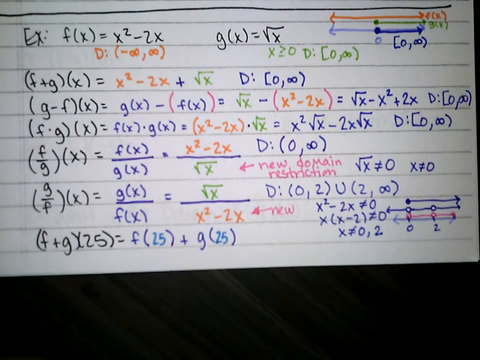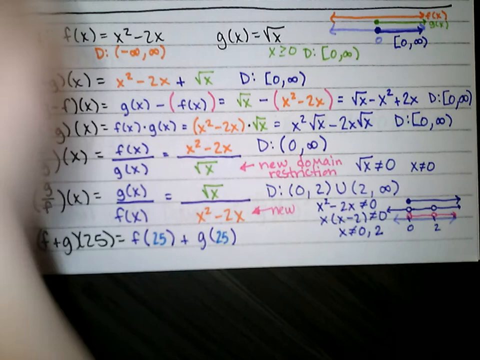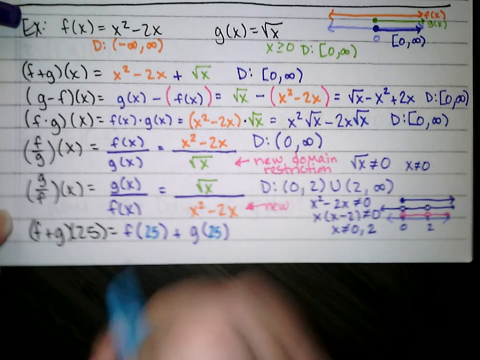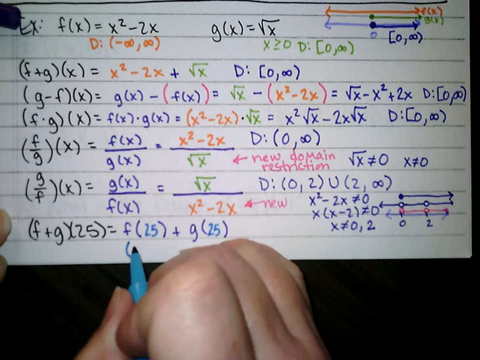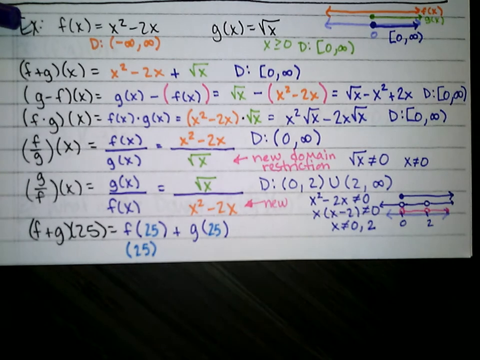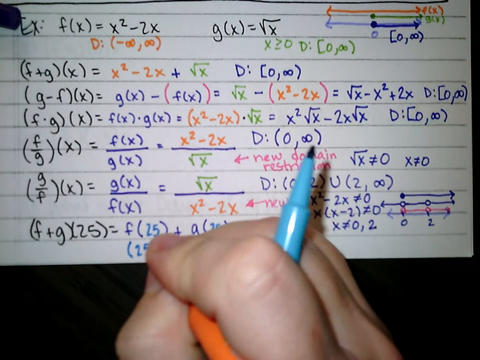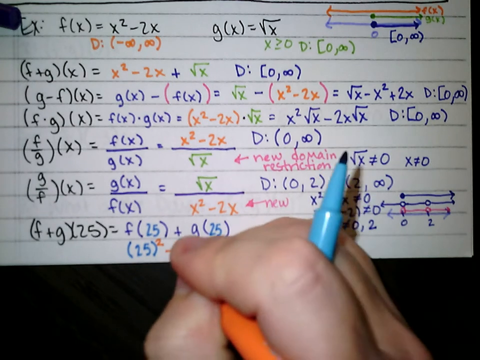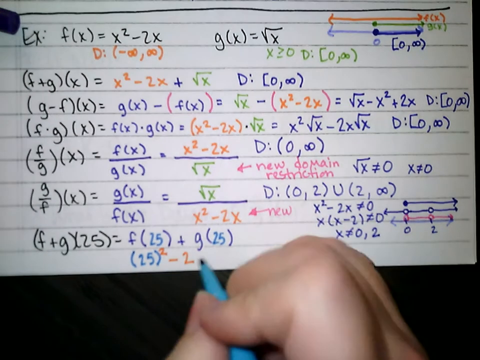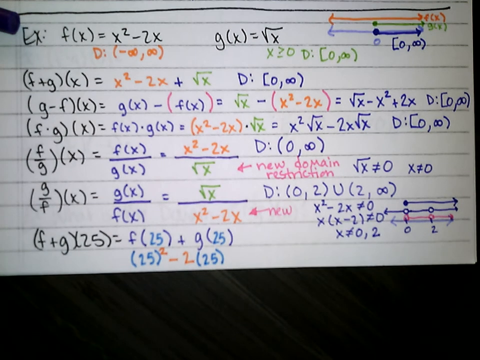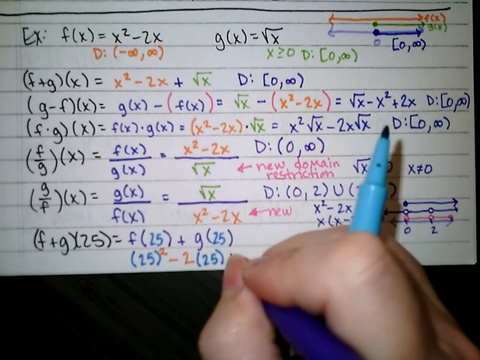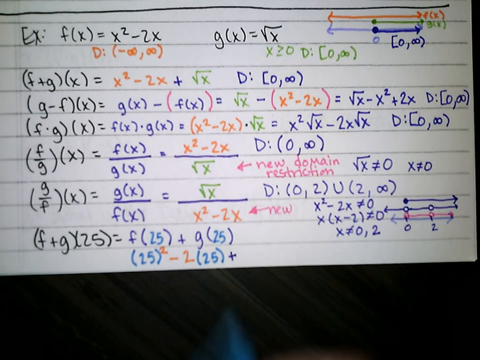Let's see, f of x was x squared. So I'm going to replace my x with 25. So I have 25, and I'm squaring that because the original function was squared, minus 2. Instead of minus 2x, it's minus 2 times 25. And then I'm adding to that g of 25.